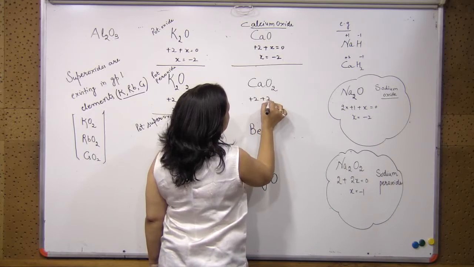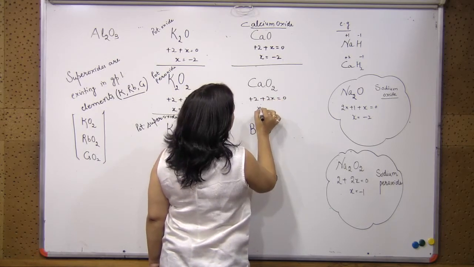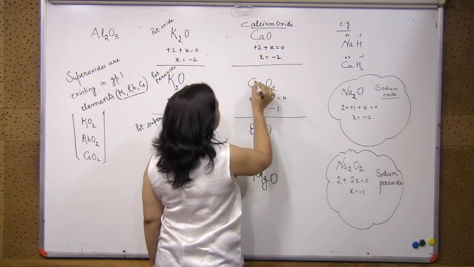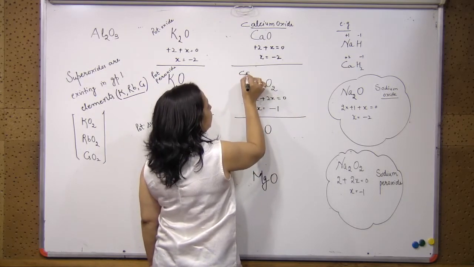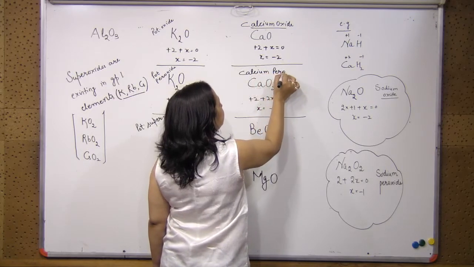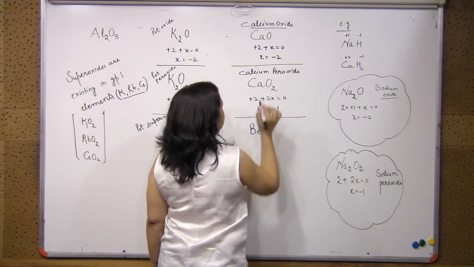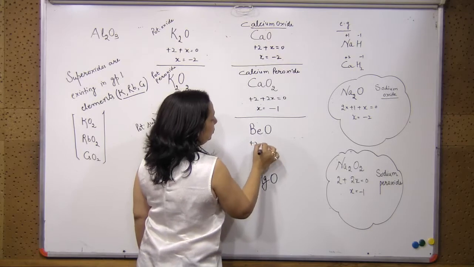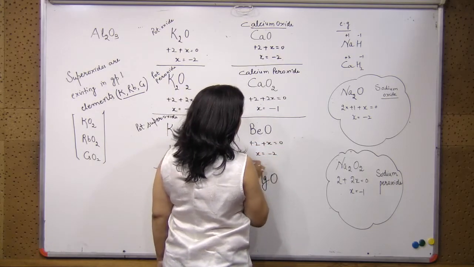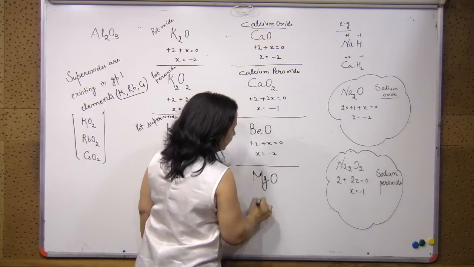Plus 2 plus 2x is equal to 0. X comes out to be minus 1. Oxygen minus 1 is peroxide, calcium peroxide. Plus 2 plus x is 0. X comes out to be minus 2, oxide.